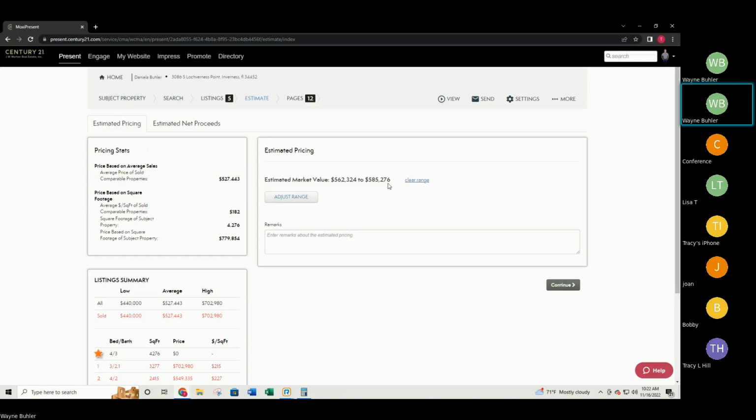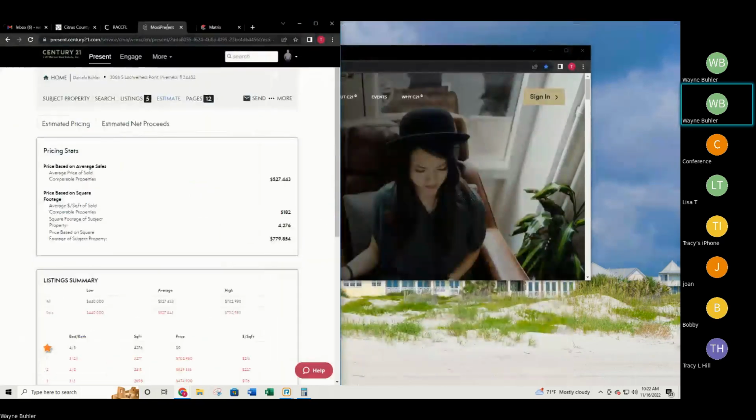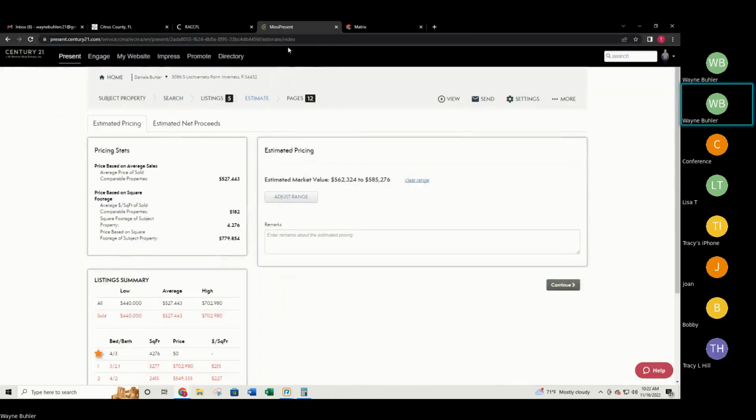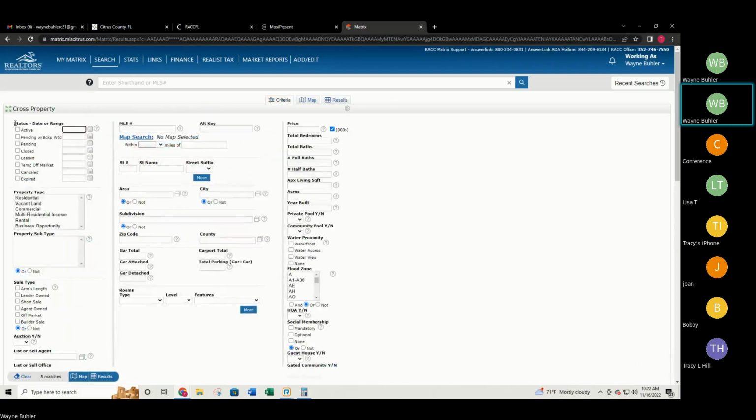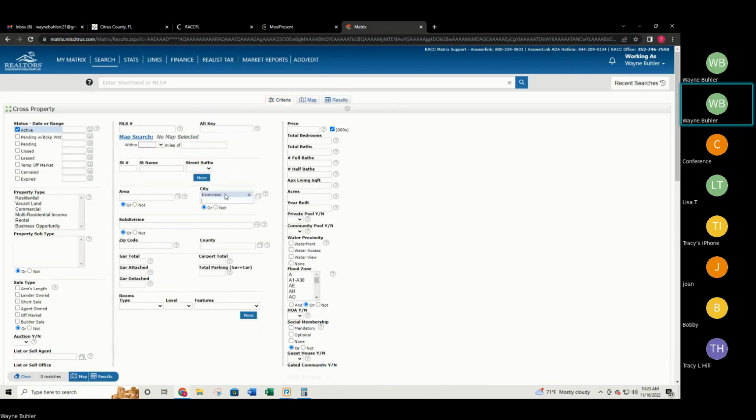One thing I want to do real quick, and this is easier when you have your Matrix comps pulled up, which I didn't do yet. I hop back over to Matrix, go to my criteria, and ask, what is currently active in Inverness? For my parents' house, I would also use Floral City because they're pretty close.